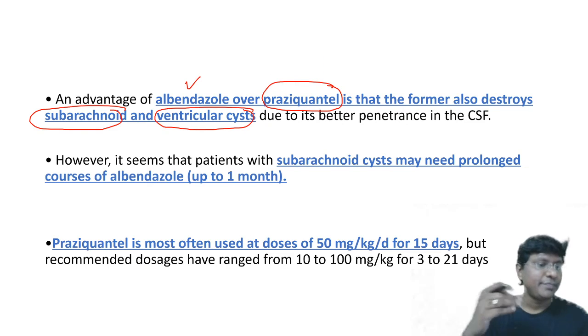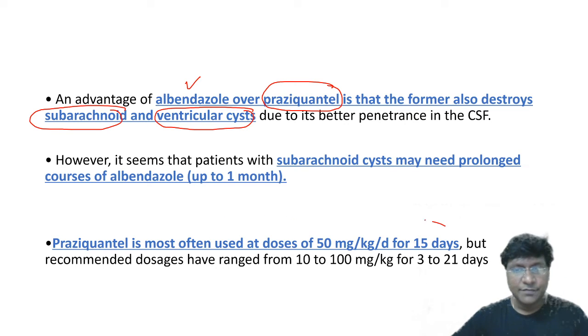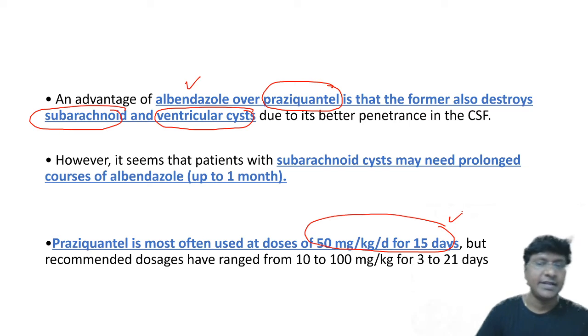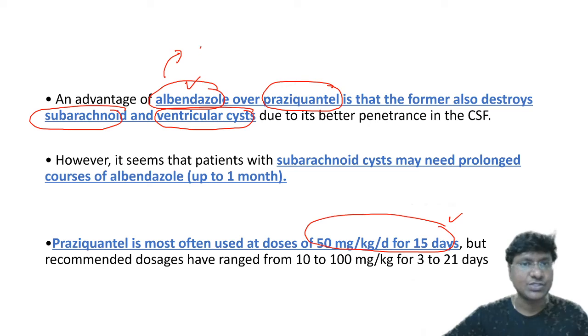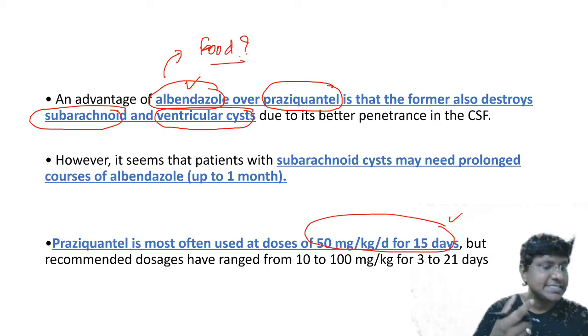If you want to give praziquantel, what is the dosage? That is around 15 milligrams per kg per day, and you have to give it for nearly 15 days. Now, whenever you are giving albendazole, what is the type of food the individual has to take?